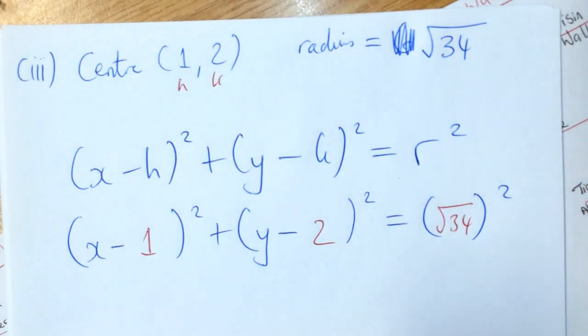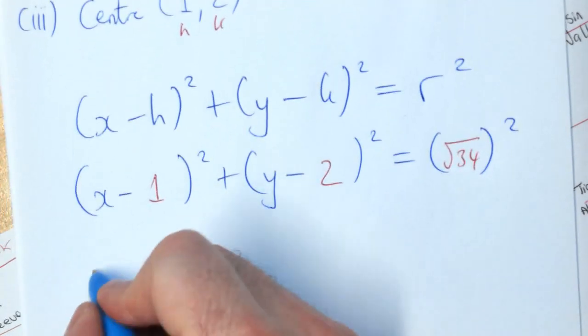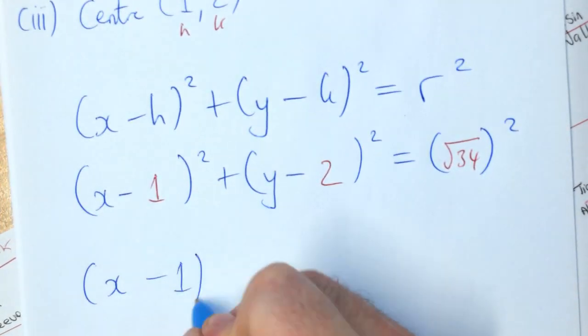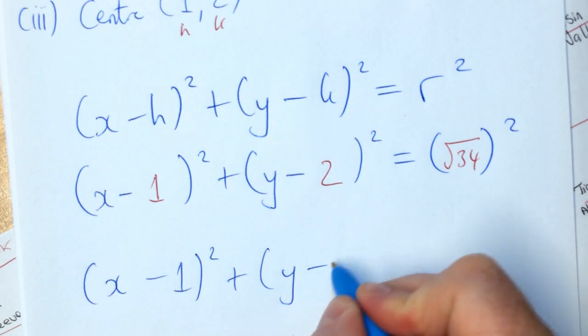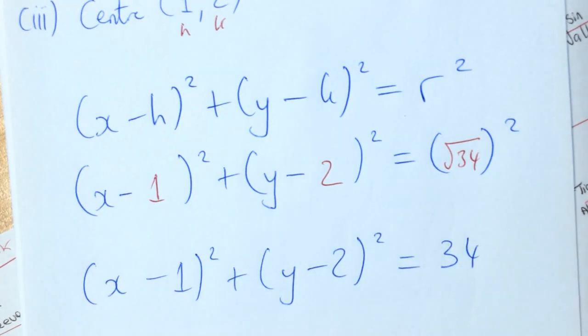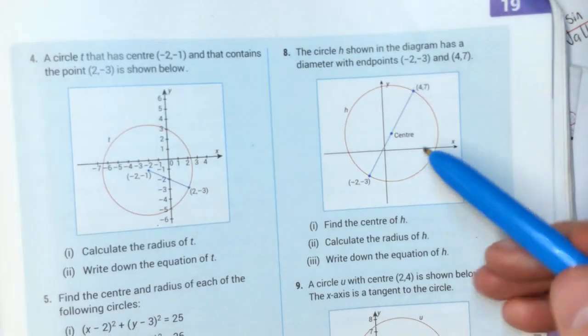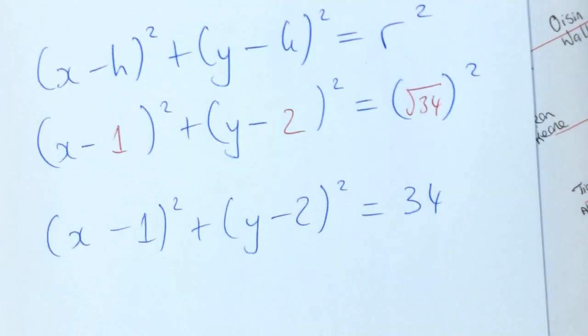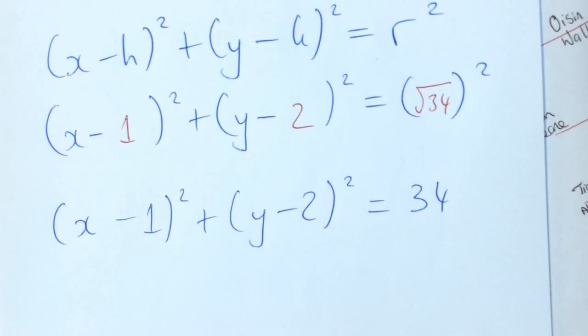Our full answer is x minus 1 squared plus y minus 2 squared is equal to 34. And that is the equation of this circle in question 8.